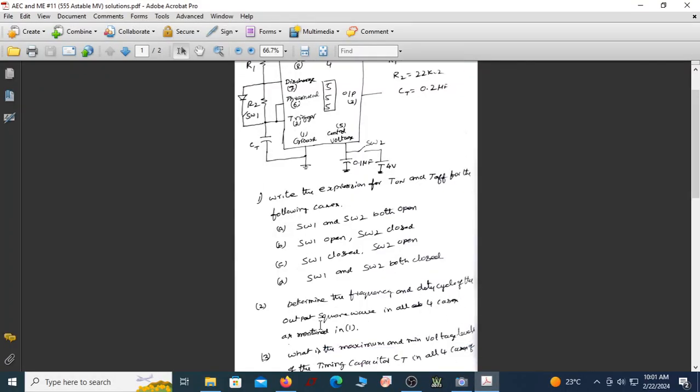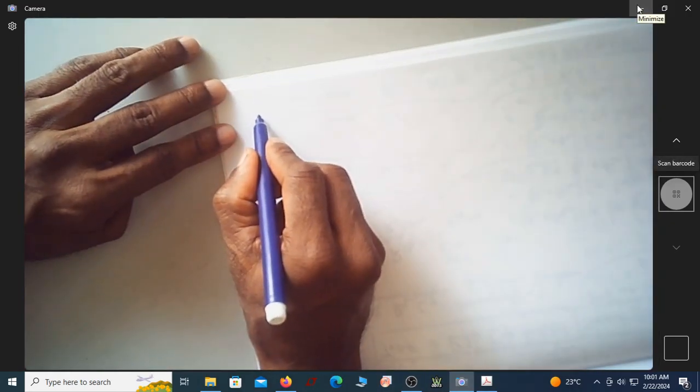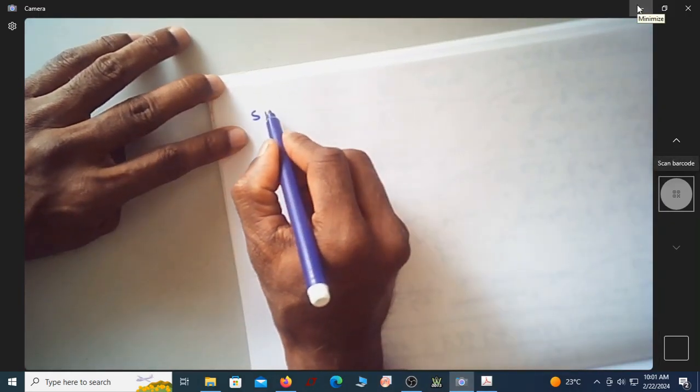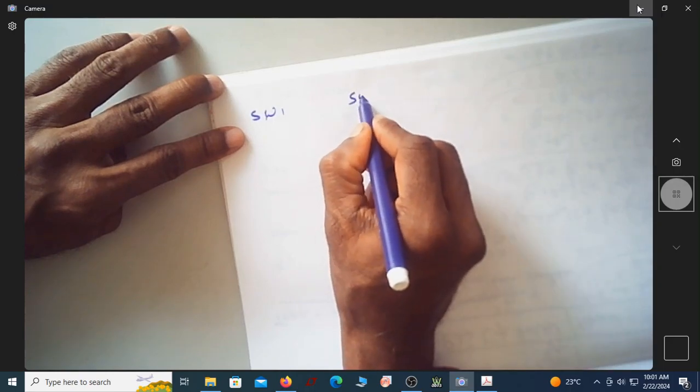Determine the frequency and duty cycle of all the 4 cases. Let us find what the frequency and duty cycle are for all the cases. Again, let us write the expressions for T on, T off and all those things. Let me write it. This is SW1, SW2.